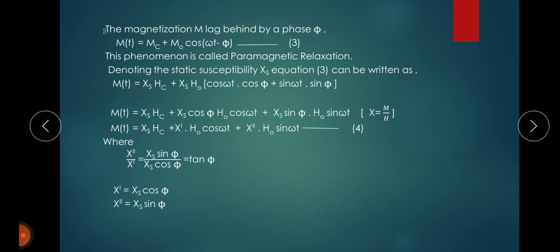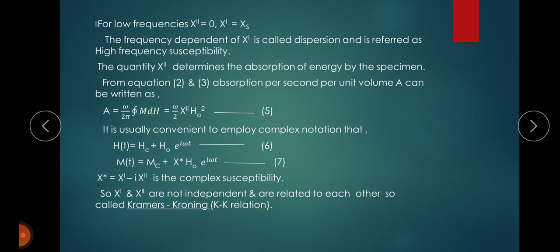And next in equation 3, the magnetization m of t is equal to mc plus m0 cos(ωt minus φ).